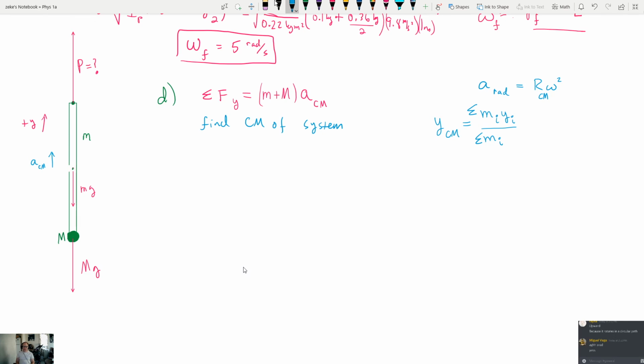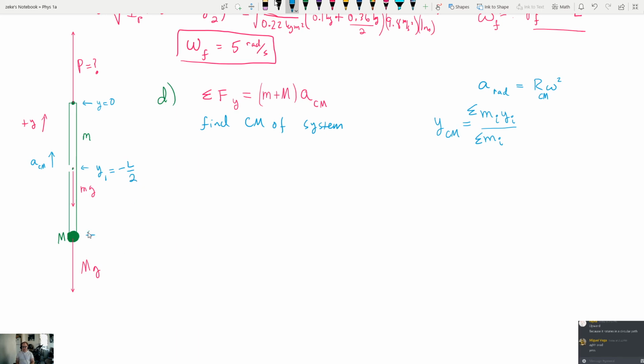So let's do that. We have two different objects here. We're going to use y1 and y2 for this just to keep it simple. One object is the rod, and its center of mass, which I'm going to call y sub 1, is equal to, let's use the same coordinate system just to be consistent. If we call this y equal to 0, then the y-coordinate of the center of mass of the rod is going to be at negative L over 2, right?